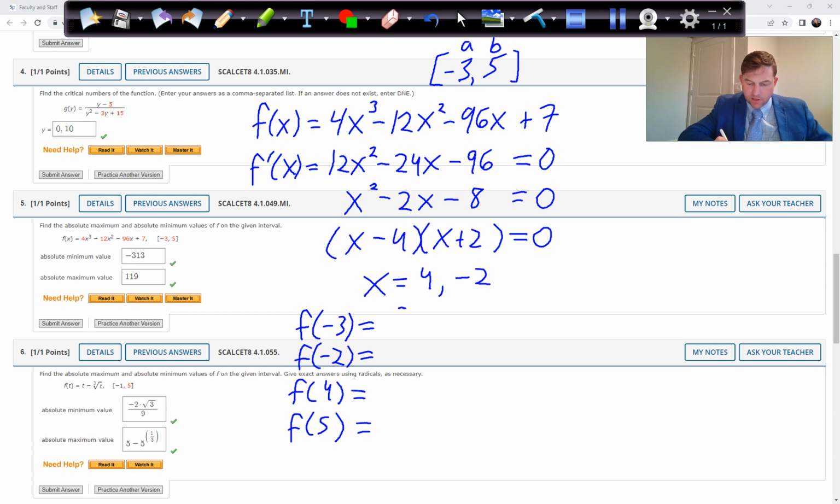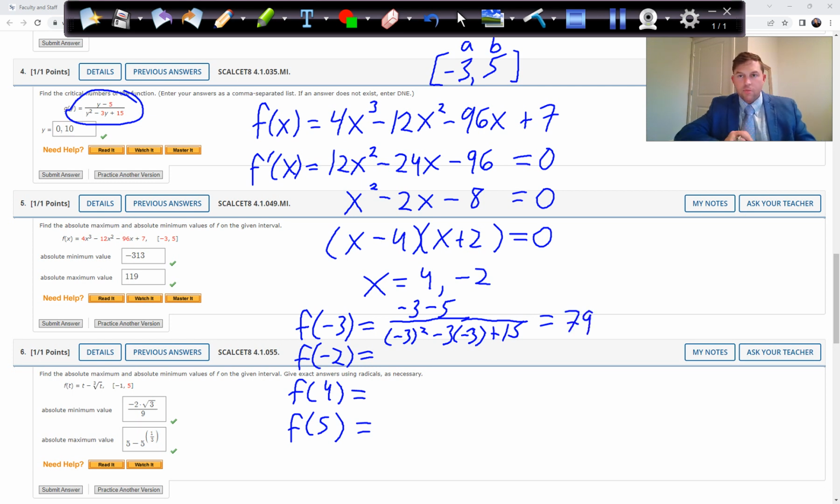So it would be minus 3, plugging it into this one, minus 3 cubed times 4 and so on. If you do that, you will get f of negative 3 is 79.